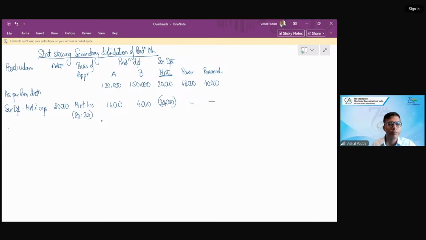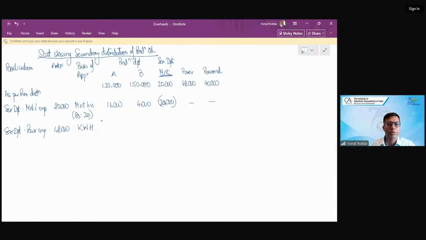Then service department power, 48,000. What is the basis we have selected? It is kWh, that is kilowatt hours consumed. And the ratio is 4:16.